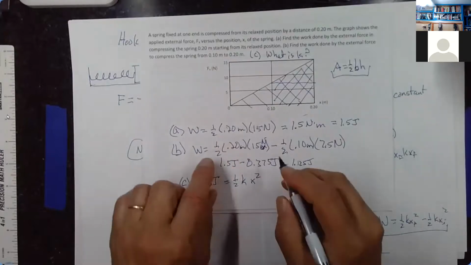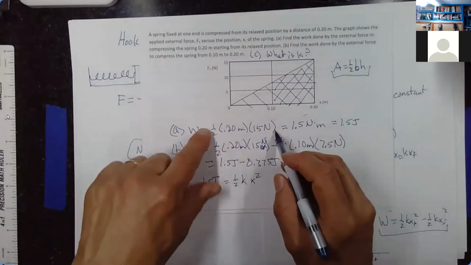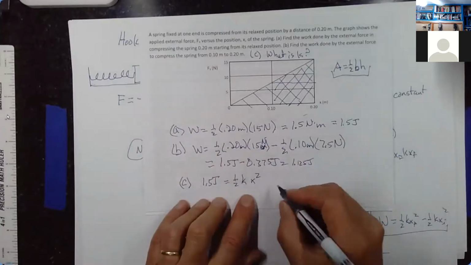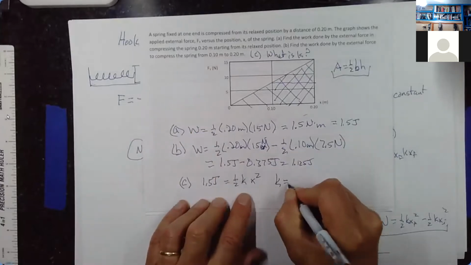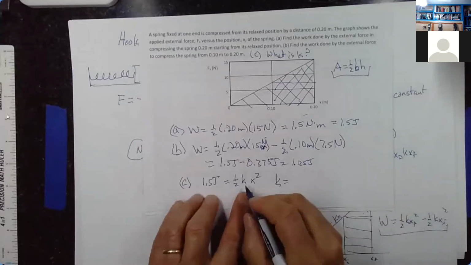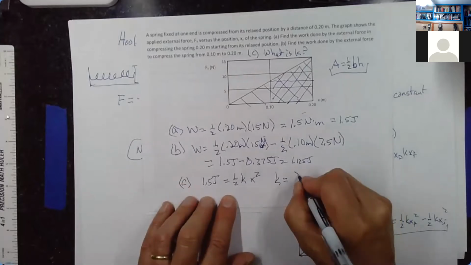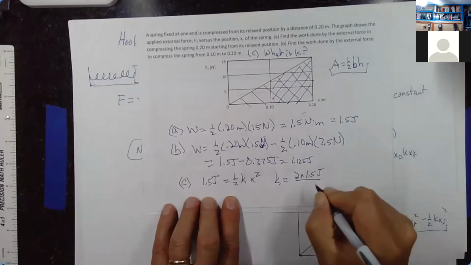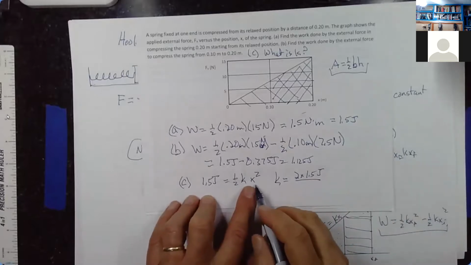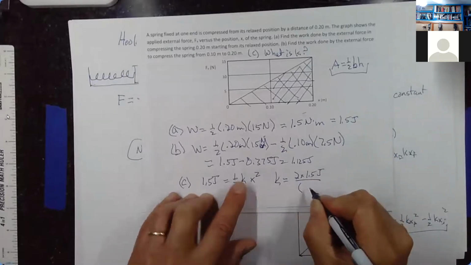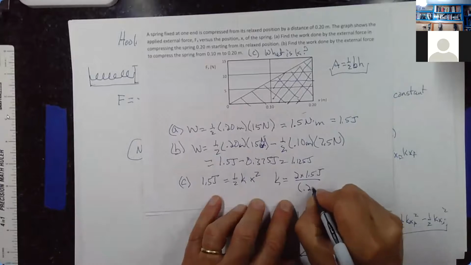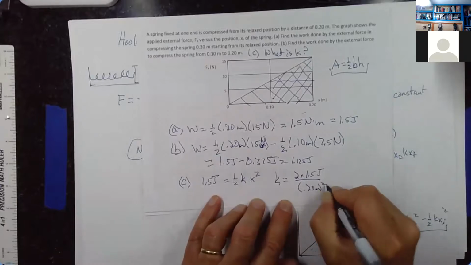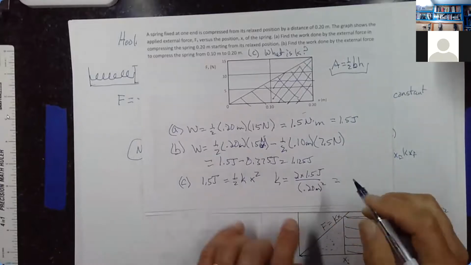So K is going to be, multiply both sides by 2 times 1.5 joules, and divide by the x squared, which is 0.20 meters squared.